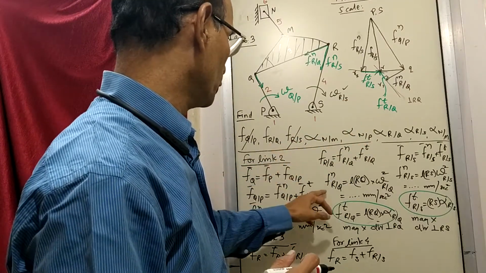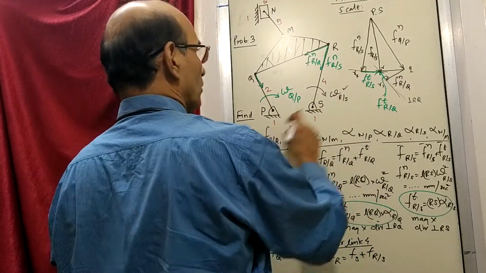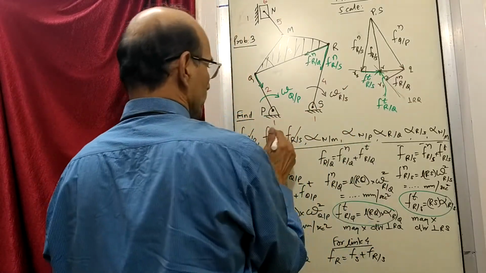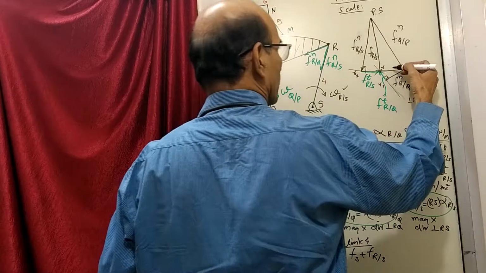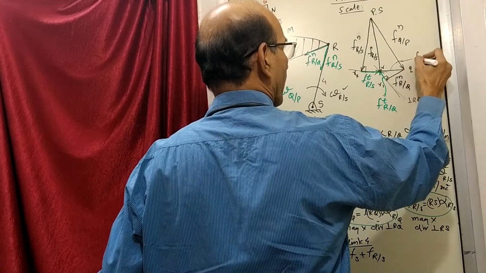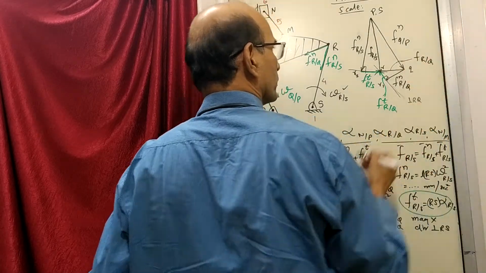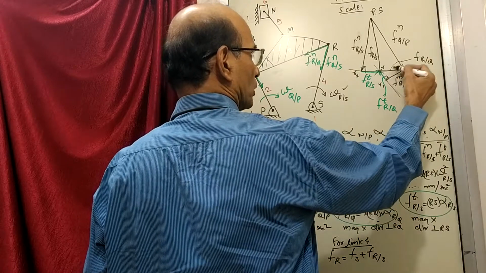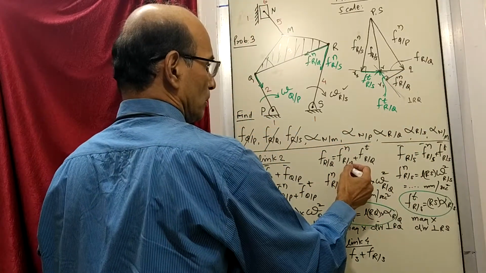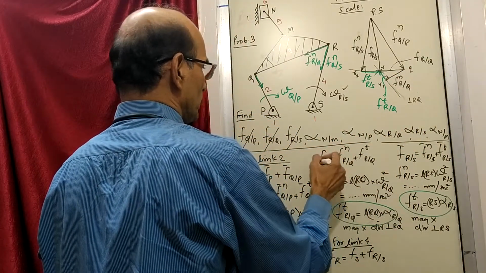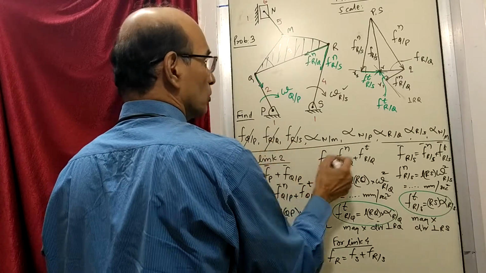R with respect to Q also now we have found out. R with respect to Q is this. So this we obtain right here. This is normal, this is tangential, this is total. So normal, tangential, total. This total is what is asked. Total is this total.